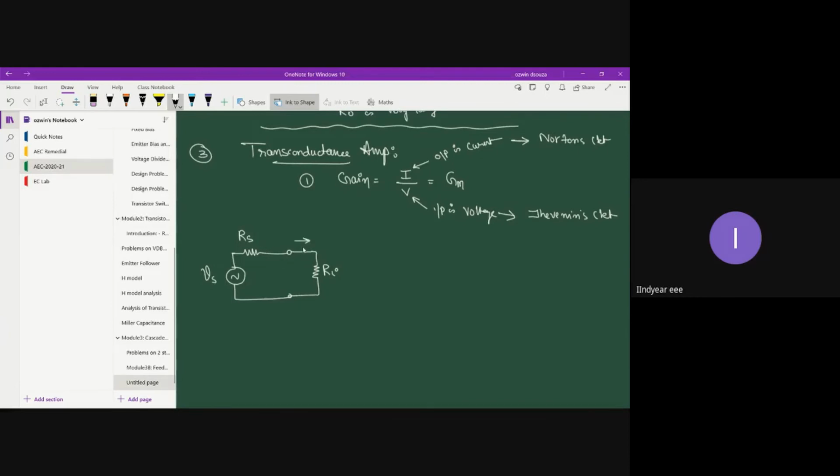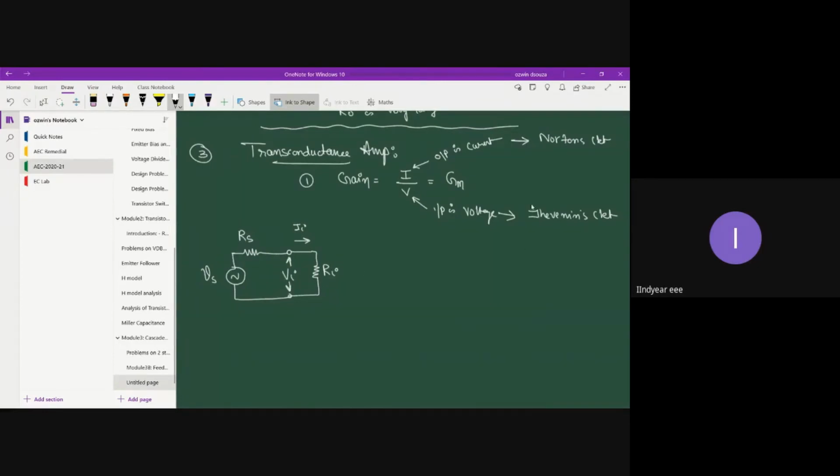This is your input current Ii. So that is your input side Thevenin circuit, and this is your Vi.